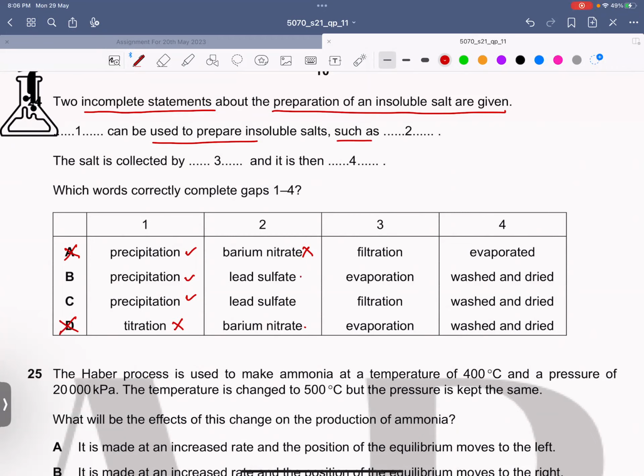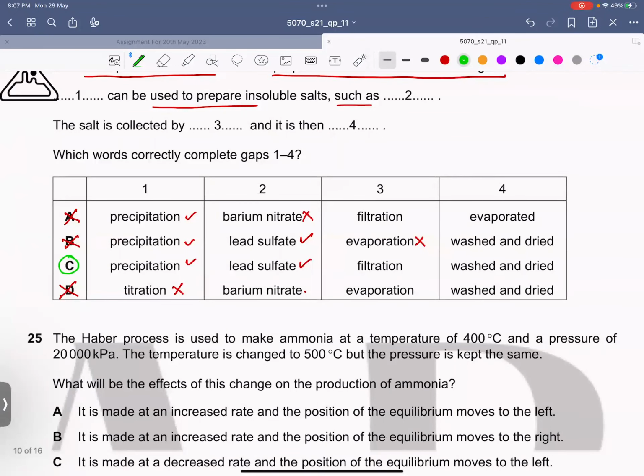In option 2, we have to add lead sulfate. Lead sulfate is an insoluble salt. If we mix both the reagents, the precipitate would form, and to collect the precipitate, we do filtration. Here it is written evaporation, which makes B wrong. So you are left with only one option, which is C. So C is the correct one. You don't need to work on the fourth one. That is how you will save your time and move to the next question. Always go for the wrong one first.